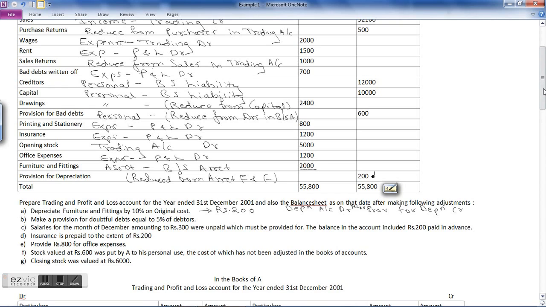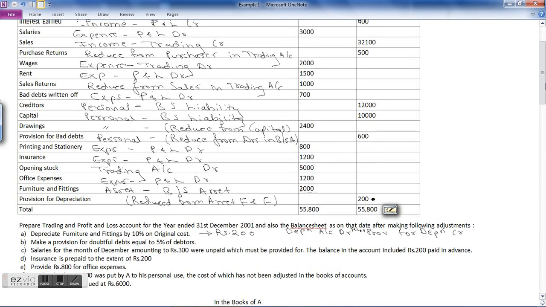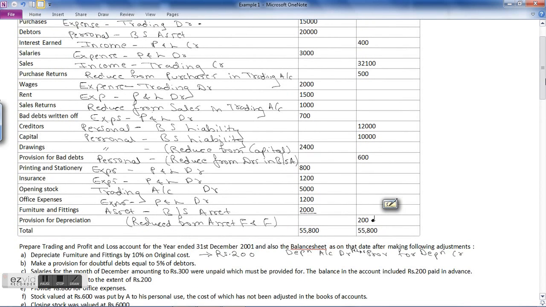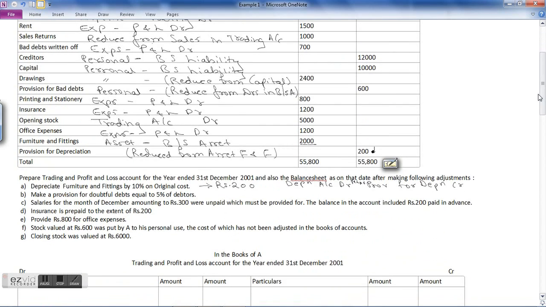So we have to make a provision for doubtful debt at 5% of debtors. What is the debtors balance here? Debtors is 20,000. So 5% of 20,000 is nothing but 1,000.